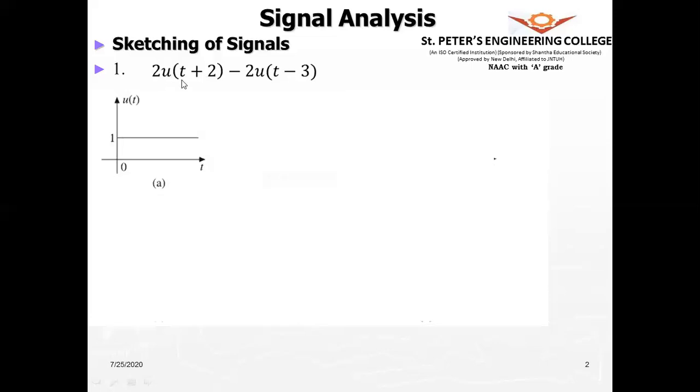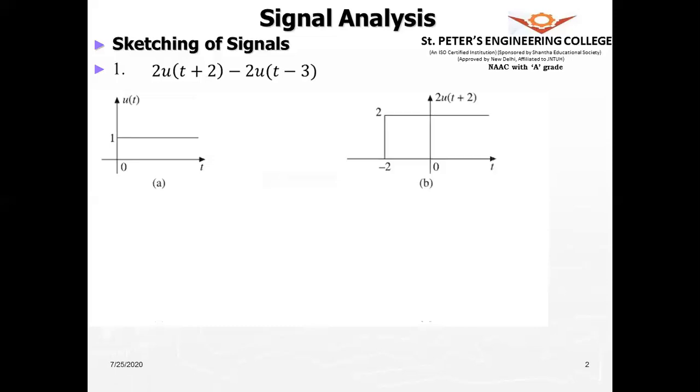But what we have here, if we can recall, is the time shift operation. Here there is a plus sign, so it is an advance in time, and there is a minus sign here. So t minus 3 is a delay in time and t plus 2 is an advance in time. So u of t is a unit step function.